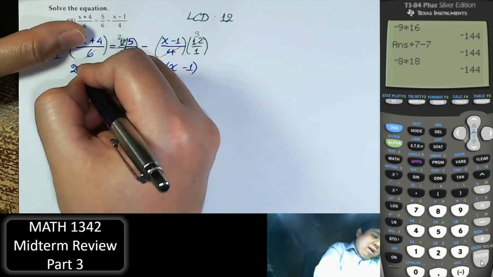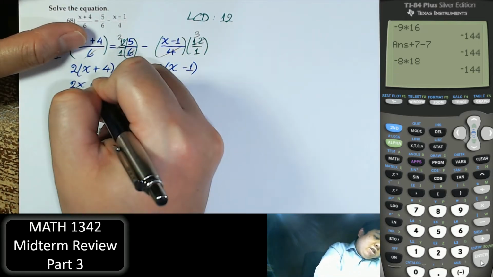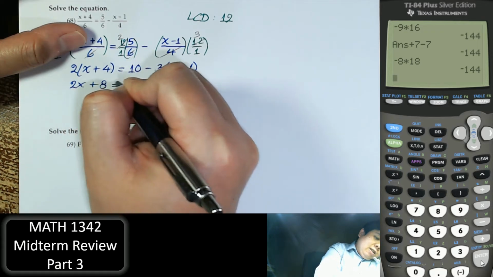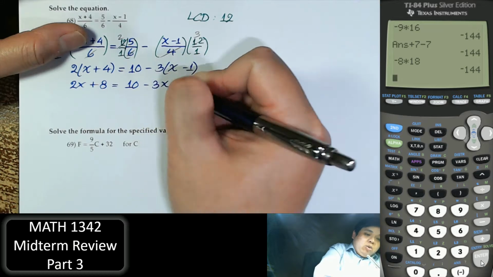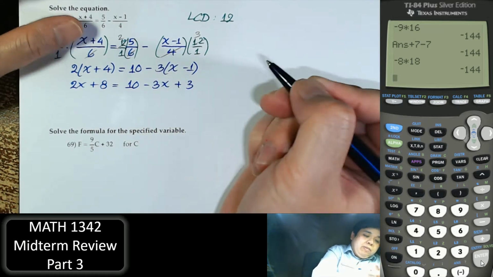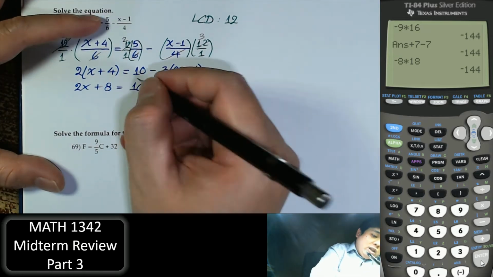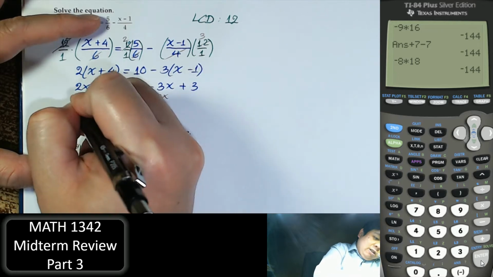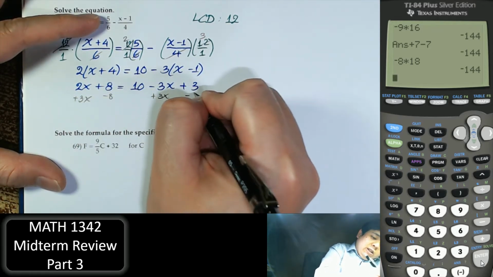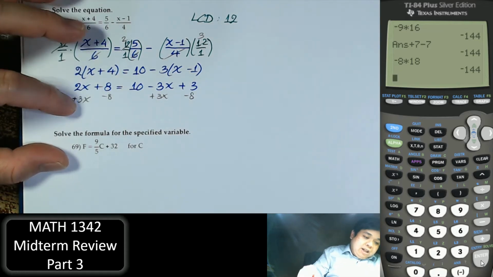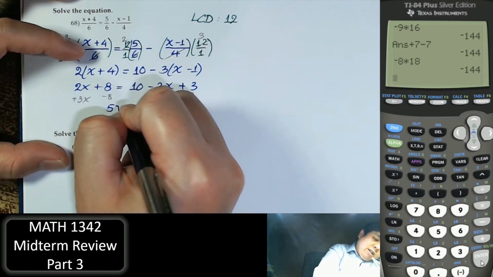Then just multiply them out. 2x plus 8 minus 3x minus 3 times minus 1, plus 3. Move x to one side and move the number to the other side. That gives us 5x on the left side.